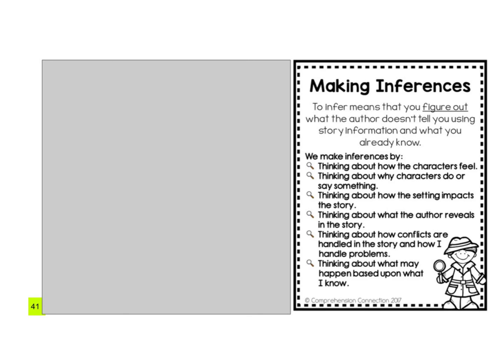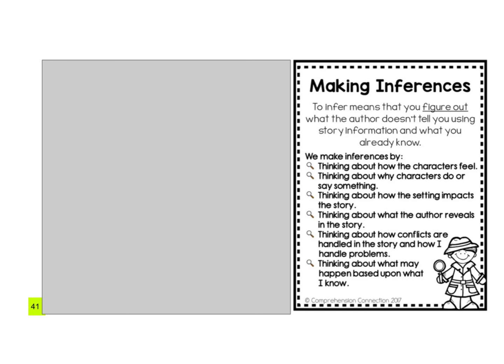Today we've learned how growing readers make inferences. I want you to know that to infer means you figure out what the author doesn't tell you using story information and what you already know. That's another word for clues in the text. We make inferences by thinking about how the characters feel, why characters do or say something, how the setting impacts or changes the story, what the author reveals about the story, and how conflicts are handled in the story and how you as a person handle conflicts.